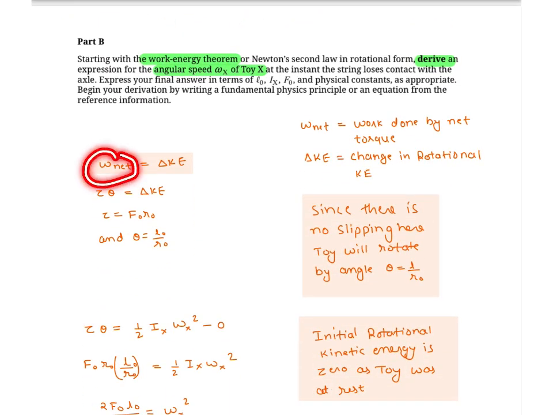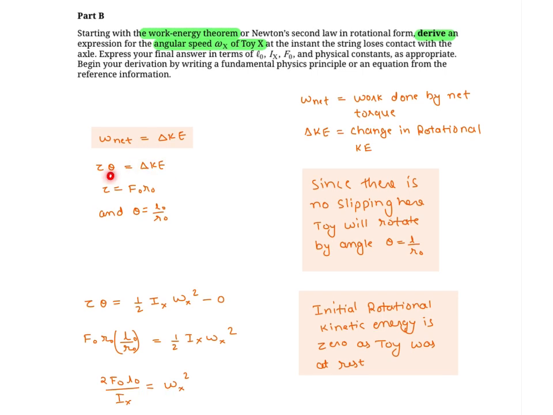So this is the work done by net torque, and this will be equal to torque into theta, which should be equal to the change in rotational kinetic energy. And what is theta? You have to mention that since there is no slipping, I can say theta will be equal to L naught by R naught. So L naught was the length of string which was wrapped around the toy.